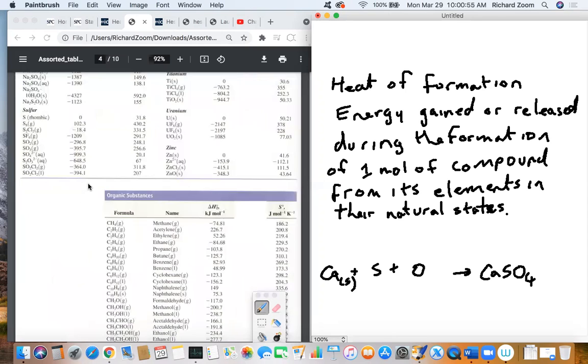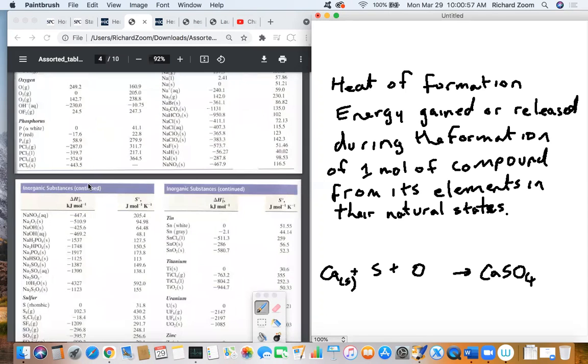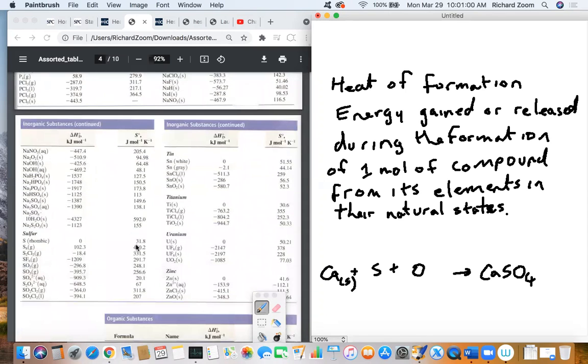There we are, sulfur. It is S rhombic. Now you'll notice there's another, you've got S8 gas. Well, that's not the natural form. So rhombic, that's the natural form of sulfur. That's the crystalline form of sulfur, by the way.